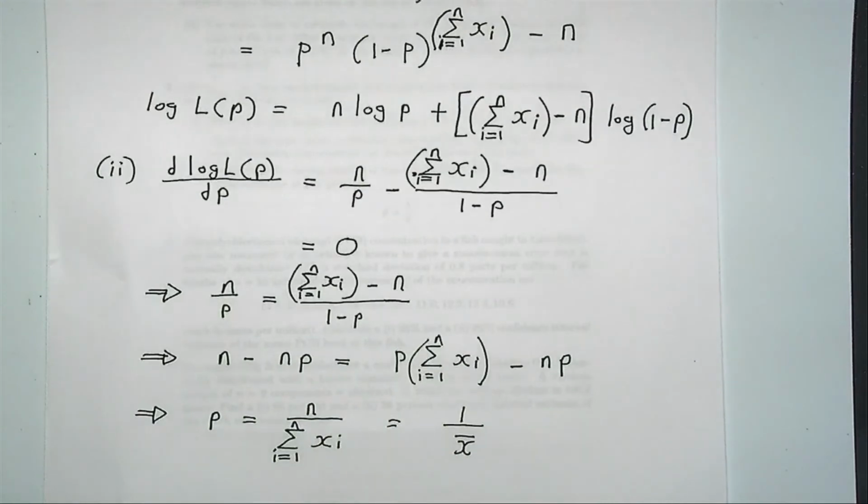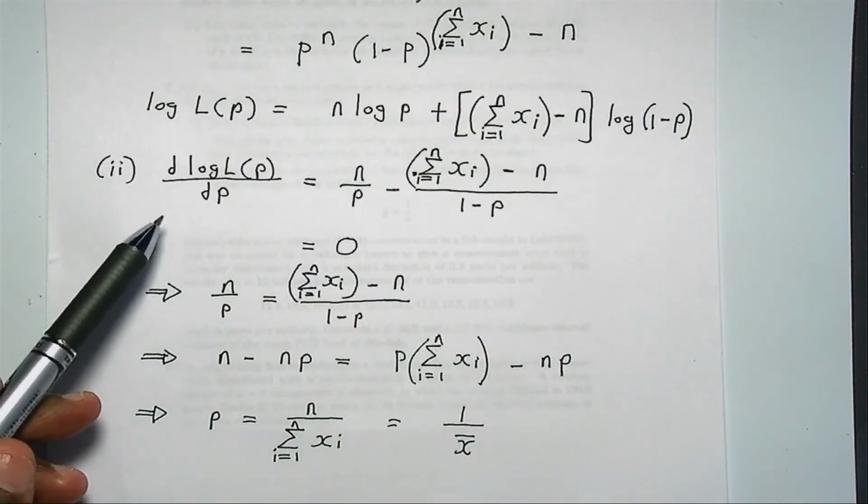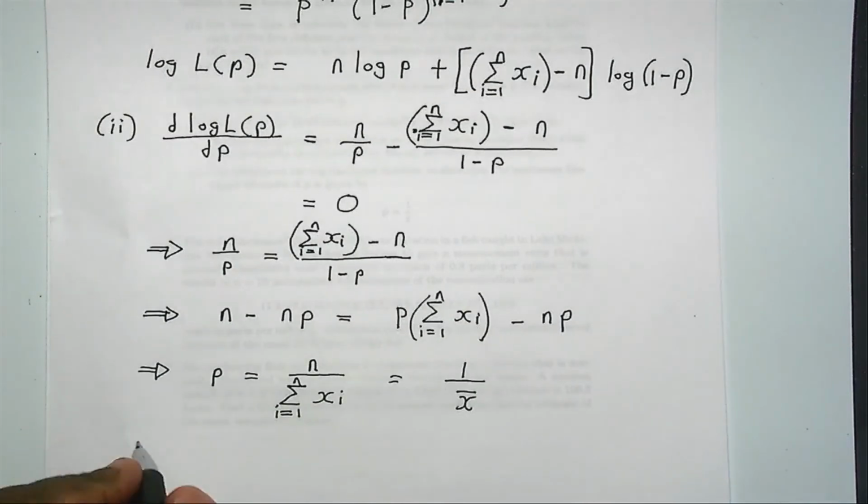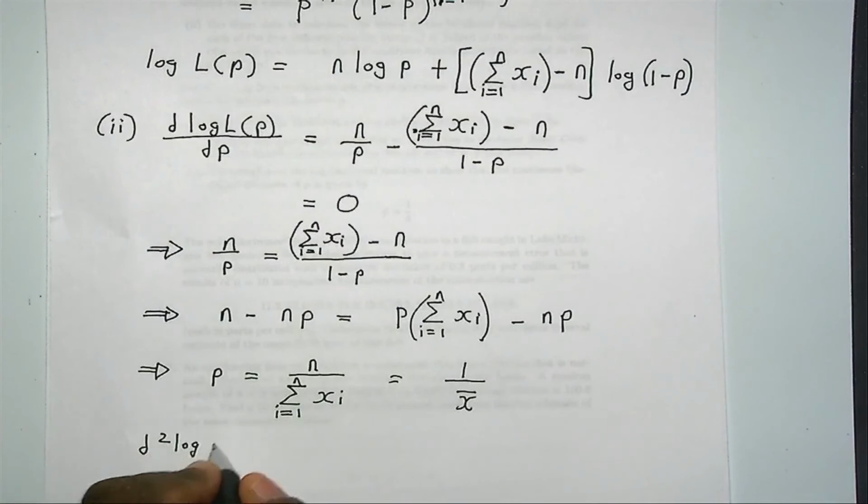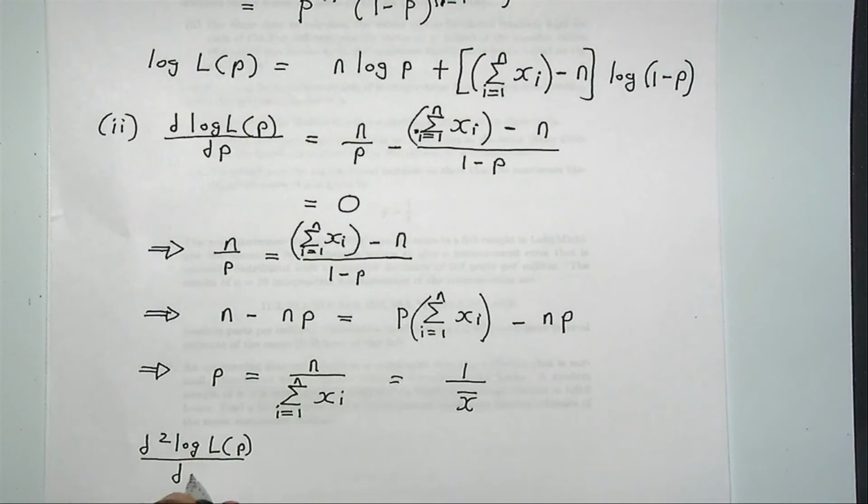Now, to make sure that this is a maximum likelihood estimator, we need to show that the second order derivative is negative. Let's see how we can do that. So you find the second order derivative with respect to p, which is the first order derivative of this.